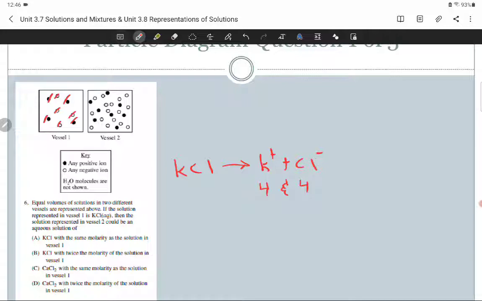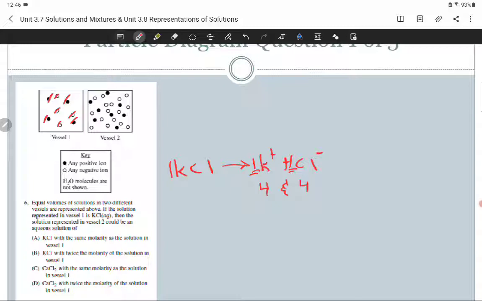What does vessel 2 have? Well, can it have KCl? Well, if I look at those, I'm not going to count those with my pen, but I think you can see that there's not the same amount of the black and white circles. And for KCl, it would have to be the same, 1 and 1.